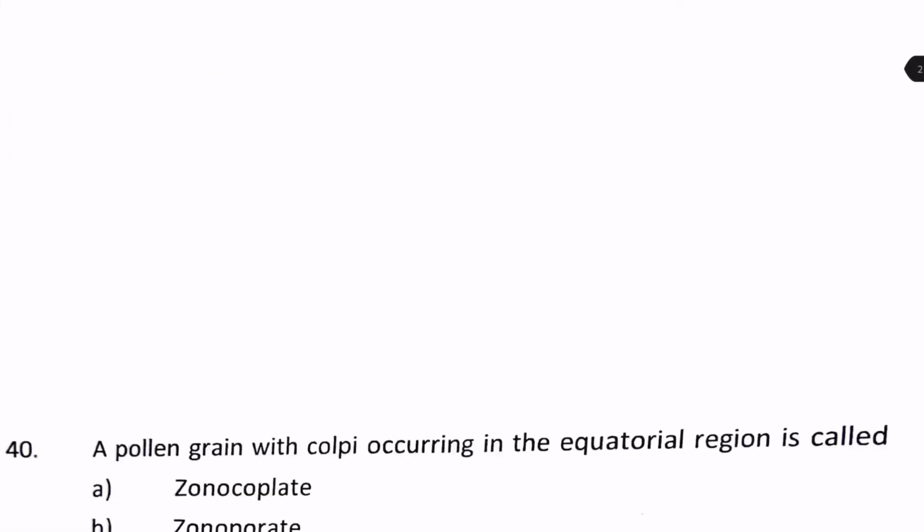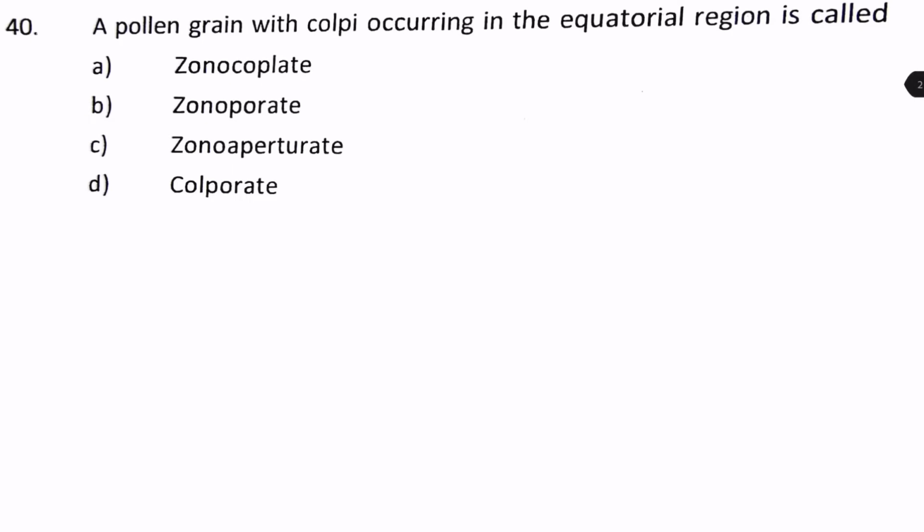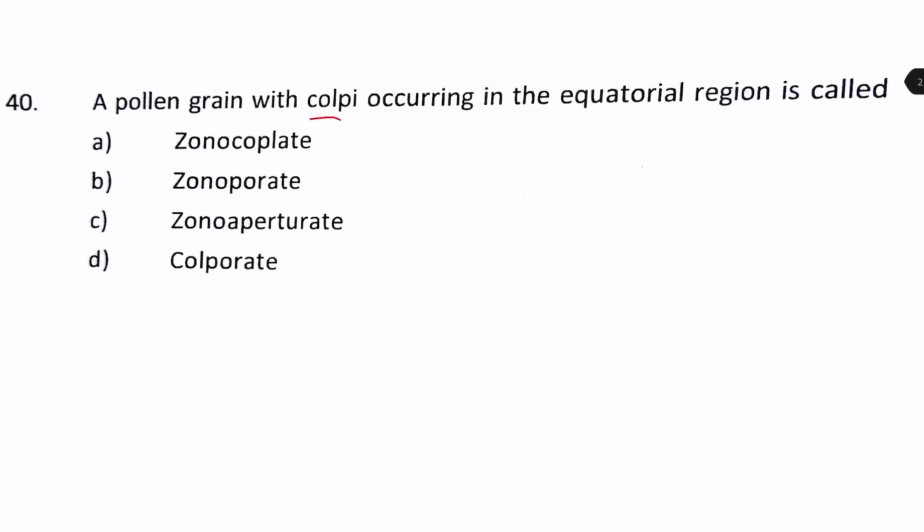Okay, next question. A pollen grain with colpi occurring in the equatorial region is called A. Zonocolpate, B. Zonoporate, C. Zonoaperturate and D. Colporate. We have to think first that equatorial region means zono, and then it is saying that it has colpi.